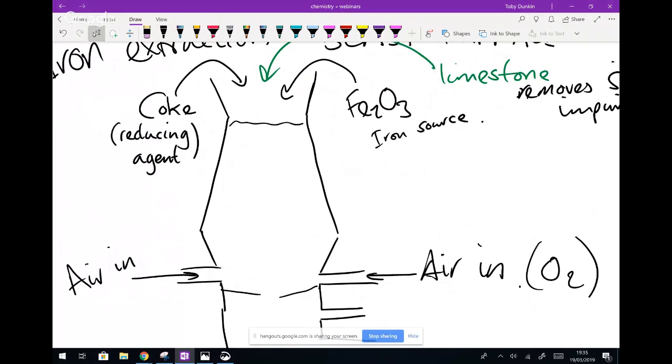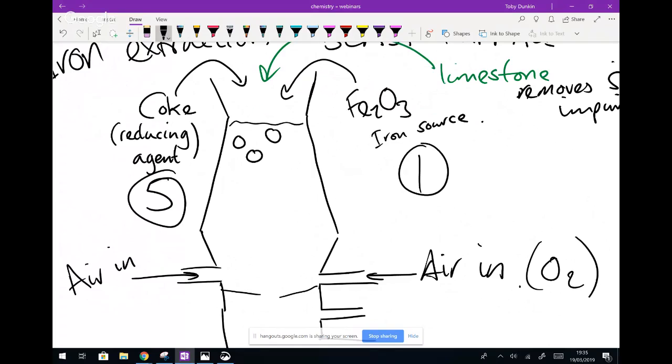They add loads and loads of coke, which of course is carbon, and it's about a 5-to-1 ratio of these 2. Coke is purified coal.